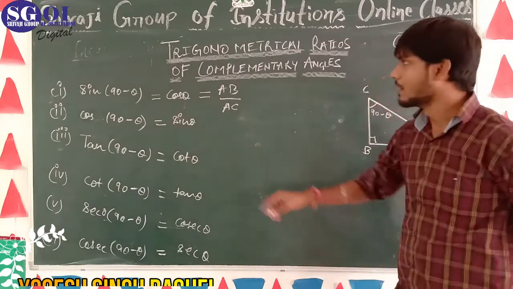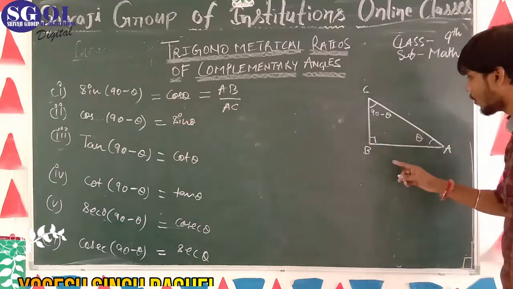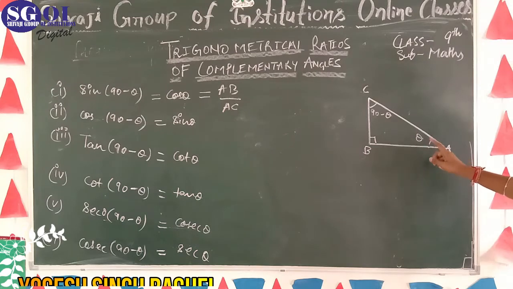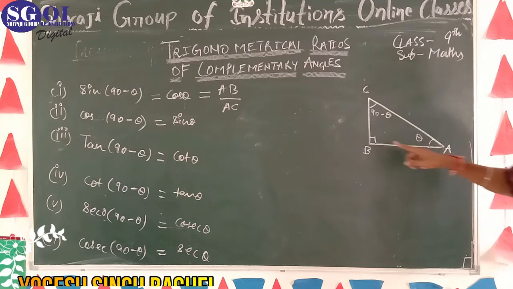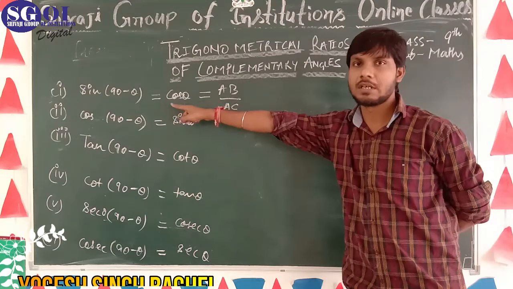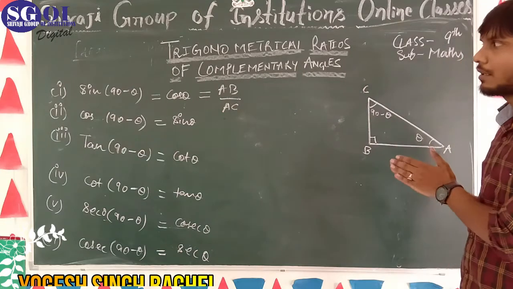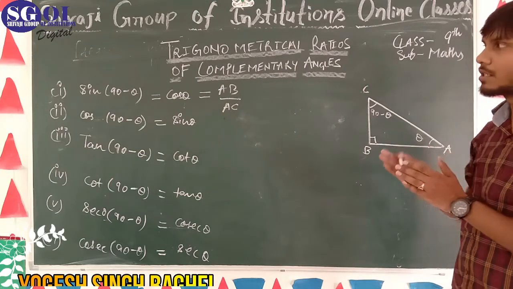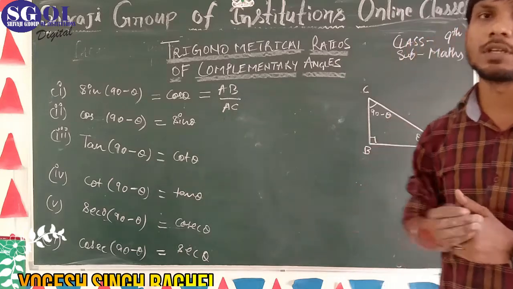And sin 90 minus theta is equal to cos theta. Let's see cos theta. For cos theta, base upon hypotenuse, so base is AB and hypotenuse is AC. That's why sin 90 minus theta is equal to cos theta. It means sin 90 minus theta is equal to its complementary angle's cos theta.